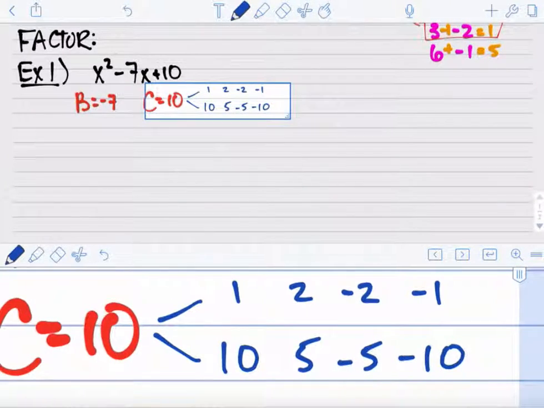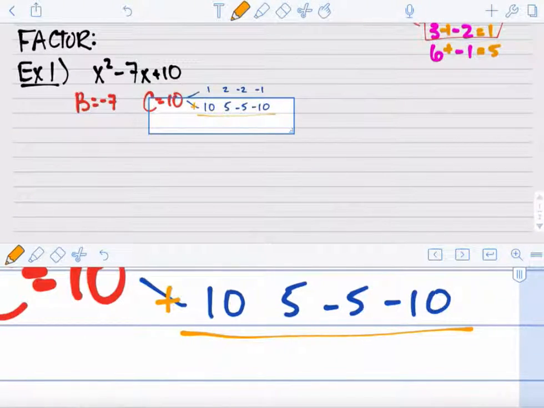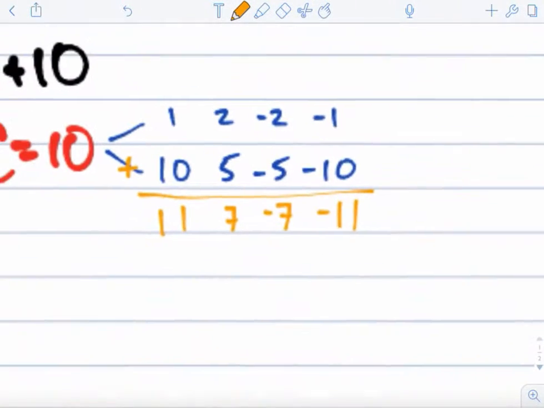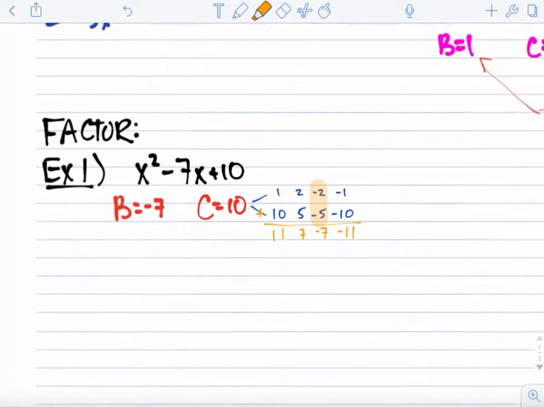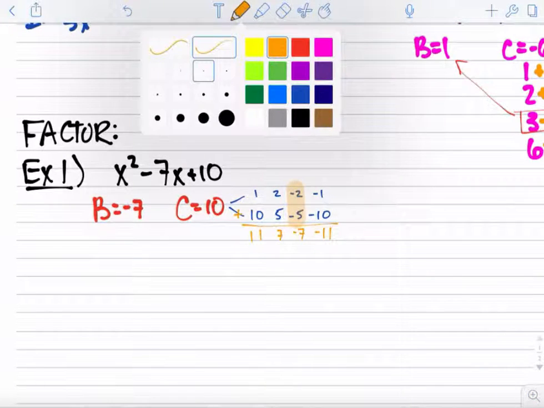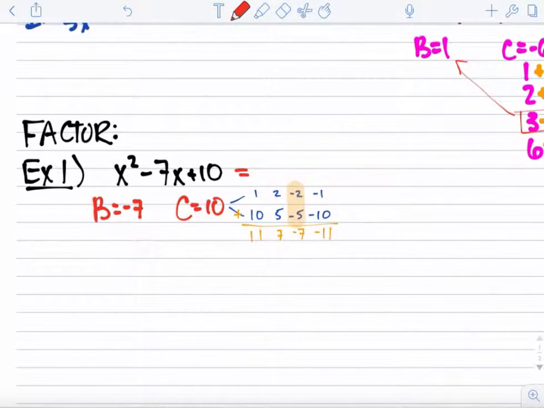If I add those going down, 1 plus 10 is 11, 2 plus 5 is 7, negative 2 and negative 5 is negative 7, negative 1 and negative 10 is negative 11. So I want negative 2 and negative 5. I rewrite the original with factors: x minus 2, x minus 5. Alright, so that's that one factored.